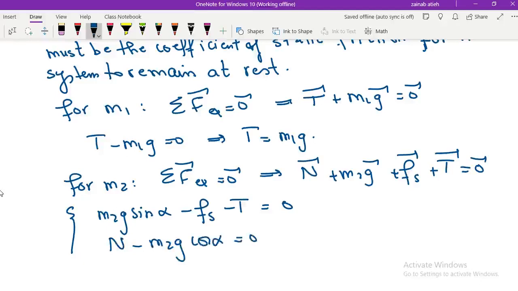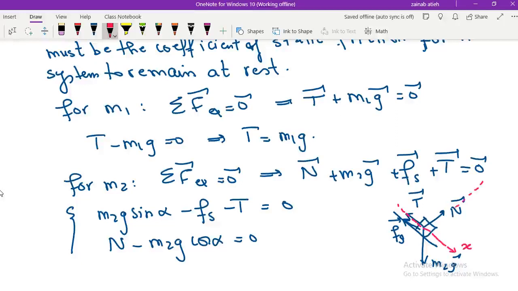Now if you can't imagine it, I will draw it for you. This is the inclined plane, this is particle 2. So this is M2G, this is N, this is the tension, and Fs behind it, the static friction. I took the x axis downward along the incline, and the y axis perpendicular to the x axis.